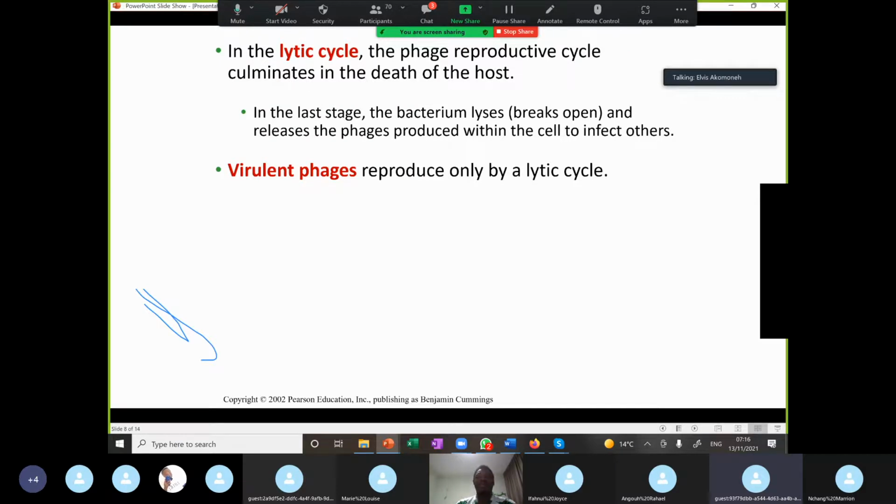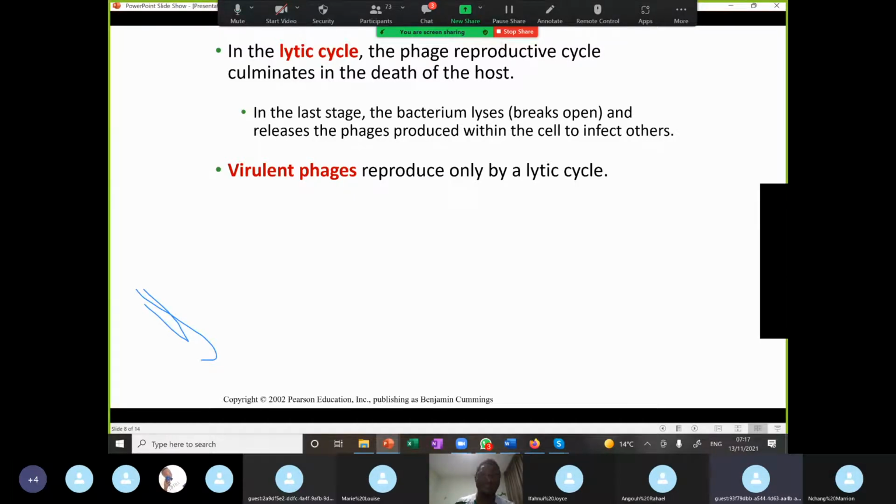I'm going to talk a little bit about how we classify viruses as DNA or RNA shortly. But in the lytic phase, the phage infects the host. After infecting the host, it takes control of the host machinery and directs it to synthesize viral proteins and viral nucleic material.